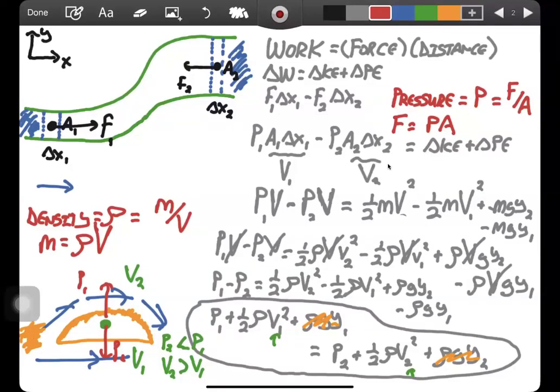If P2 is less than P1, that means there's more pressure going up than pressure going down. Now, what's pressure again? Pressure is force exerted over a cross-sectional area. Well, what's the cross-sectional area? It's the cross-sectional area of the wing. So this is to say that the upward force is greater than the downward force.